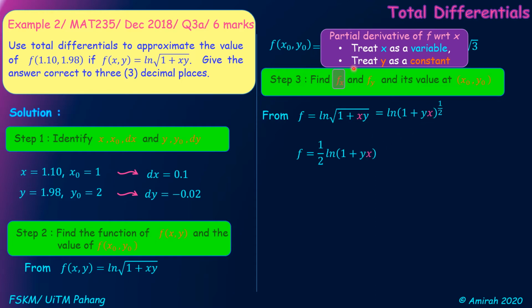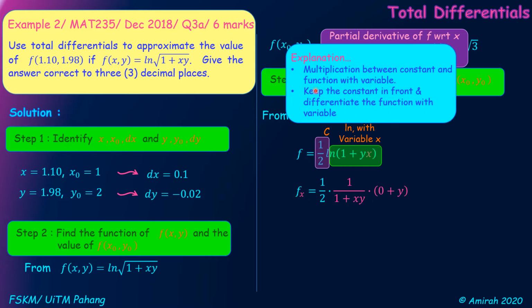At the same time, we treat y as a constant. From here we have half, which is a constant, multiplied by ln with variable x. So when we differentiate f with respect to x, we get fx, and we get this.